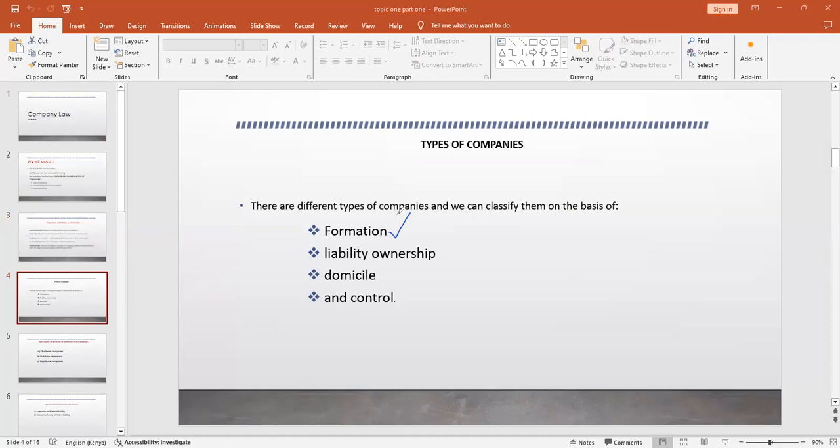Okay. You can classify companies according to liability in terms of ownership. You can classify companies in terms of geography, where are they situated? And you can also classify companies in terms of how they are controlled. So all those ones are ways in which we can classify companies.